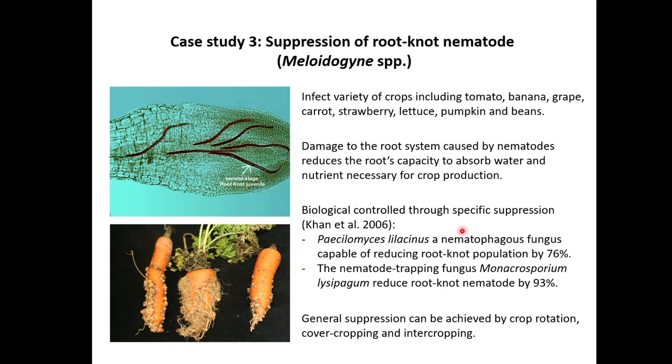So this is clearly specific suppression. Of course, general suppression of root knot nematode is also possible and relies on crop rotations and cover cropping with legumes. Intercropping of susceptible crops and non-host crops is another technique that has been used with some success.